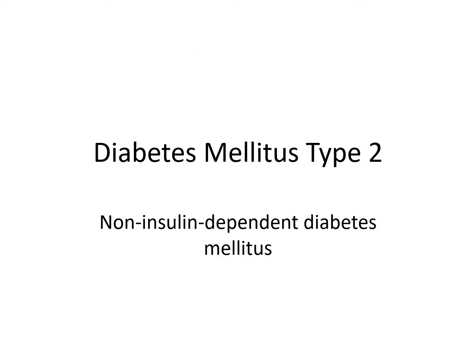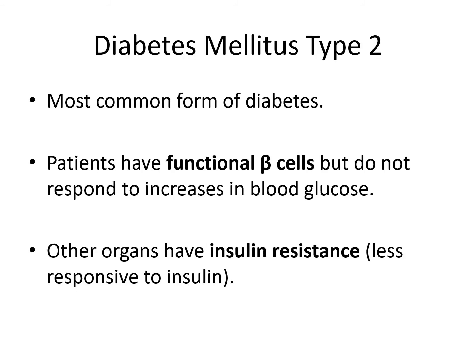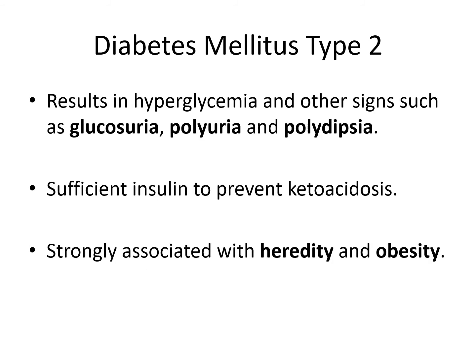Type 2 diabetes is called non-insulin dependent diabetes mellitus, and it's the most common form. Patients have functional beta cells but do not respond to increases in blood glucose. As a result, insulin is normal, but other organs have insulin resistance. They're less responsive to insulin, maybe at the receptor level.